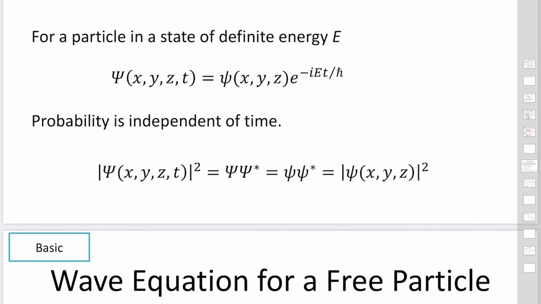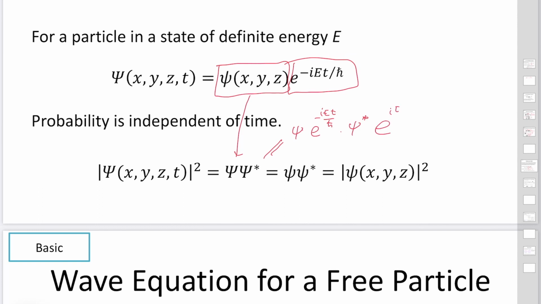For a particle in a state of definite energy E, we have these equations. We don't know the lowercase psi, but we have already solved the equation for the phi, this equation. So you can substitute this form here. Then it becomes psi exponential minus iEt over h bar times psi complex conjugate, the complex conjugate of the exponential iEt over h bar.